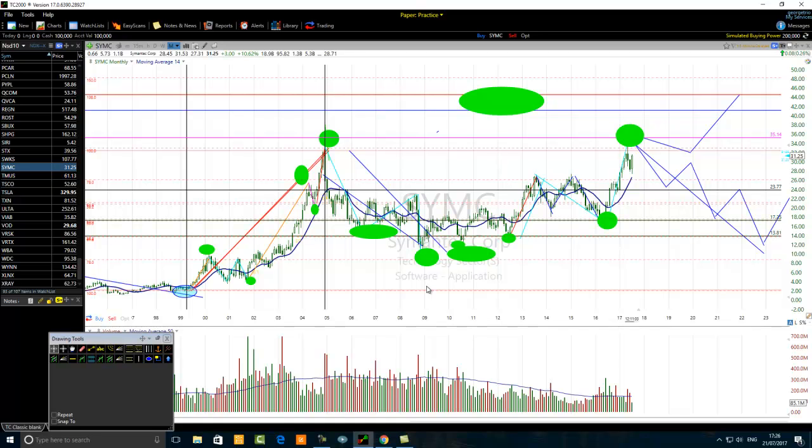The fifth wave may not be extended. We may have the C part of the expected flat correction, as we told you already. But using the Elliott wave principle, if the fourth wave is prolonged, talking about the time it took, we are likely to see an extended fifth wave.